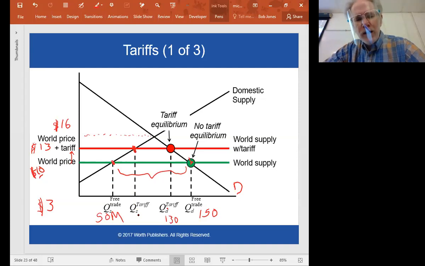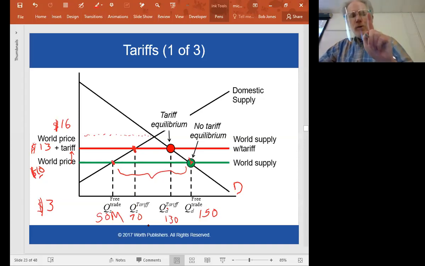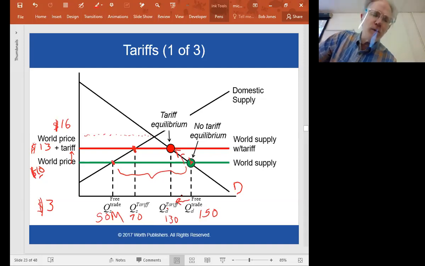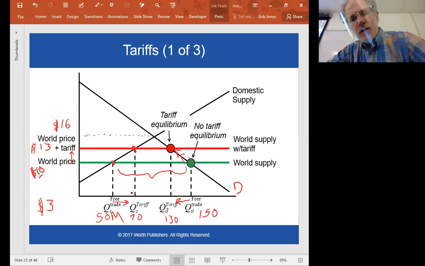We don't know exactly what it's going to be, but let's just say it's 70 million. So we see two effects of the tariff. American consumers cut back on the amount that they will consume. American producers increase the amount that they want to supply.